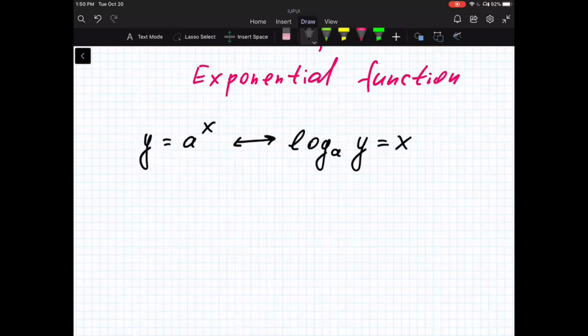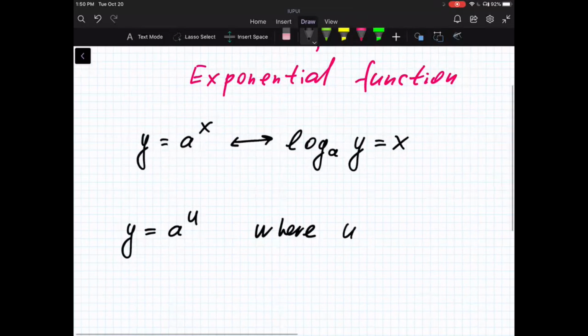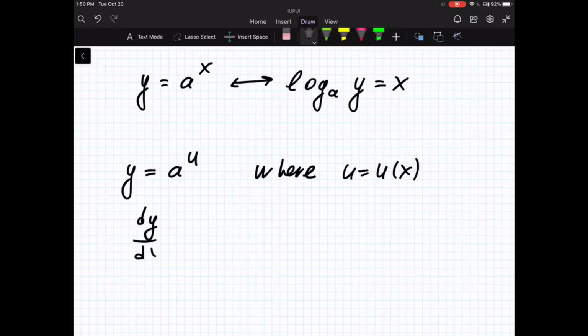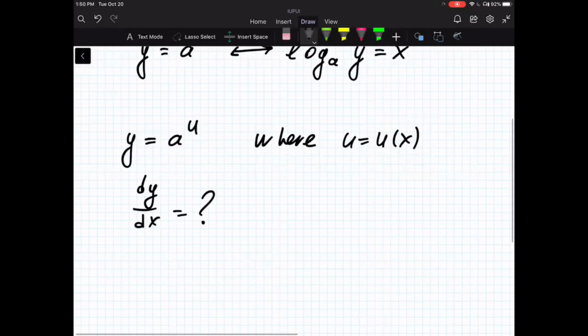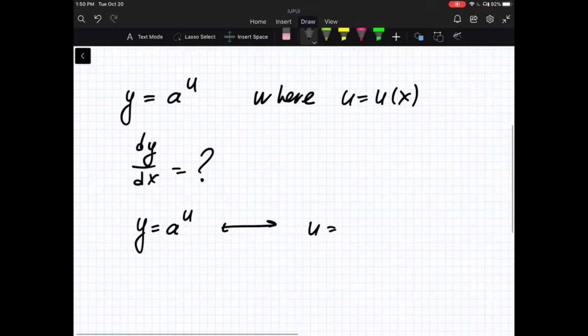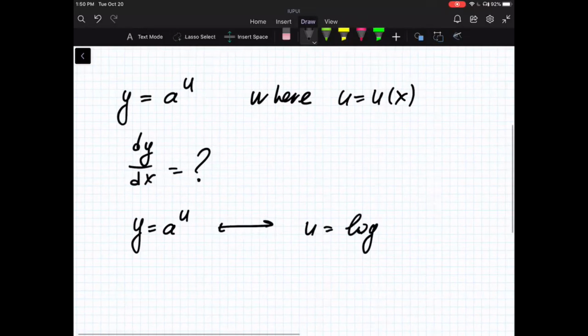So suppose we have a function, but let me write it in this way: y is equal to a to the power u, where u is some function of x, and we want to find dy over dx. So using that correspondence, y equals a to the power u is the same as u equals logarithm of y with base a.